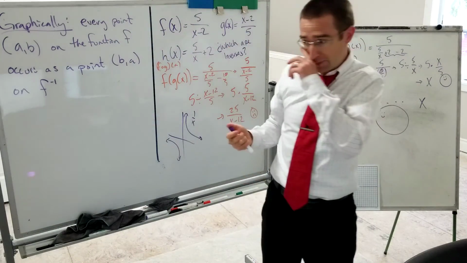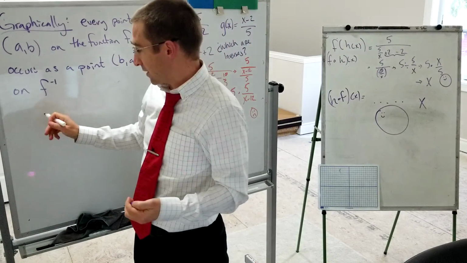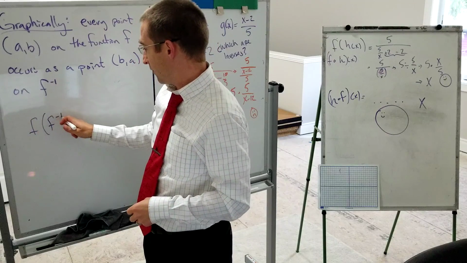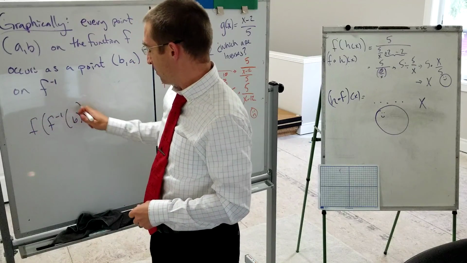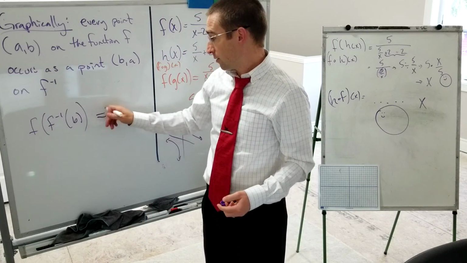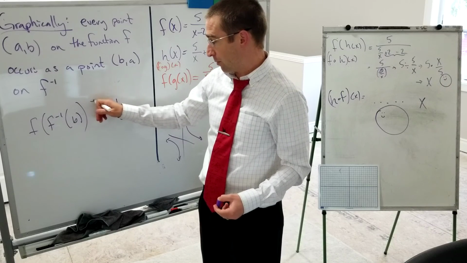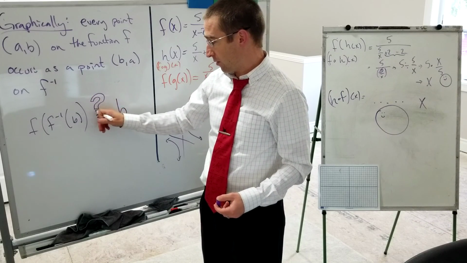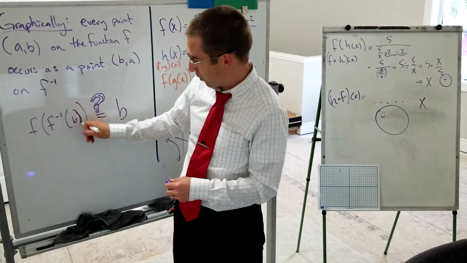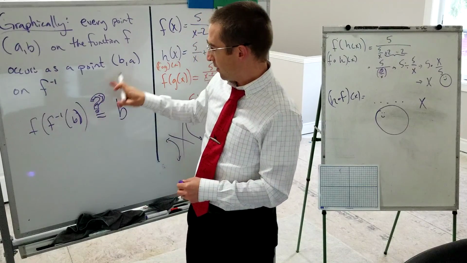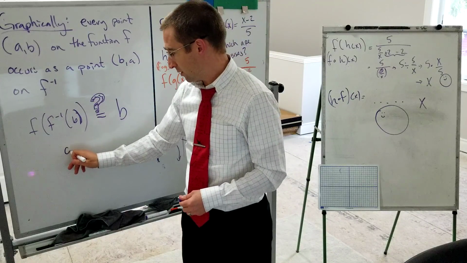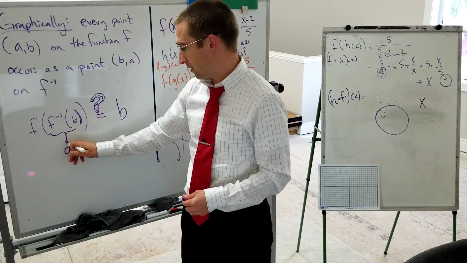And let's just see. What if I take, in this case, f of f inverse of b? If I take that composition, I should get b. Is that going to be equal to b? Let's find out. Well, first, what's f inverse of b? Well, f inverse has b comma a. So f inverse of b is a.